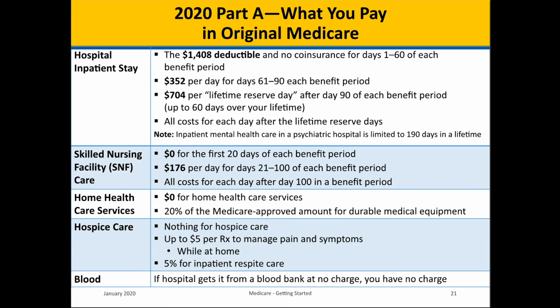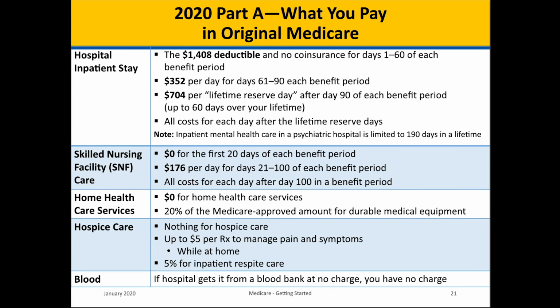For home health care services under Part A, there's 0 coinsurance for the services. However, 20% of Medicare's approved amount for durable medical equipment is the responsibility of the Medicare beneficiary. For hospice care, nothing except for up to $5 per prescription to manage pain and symptoms.